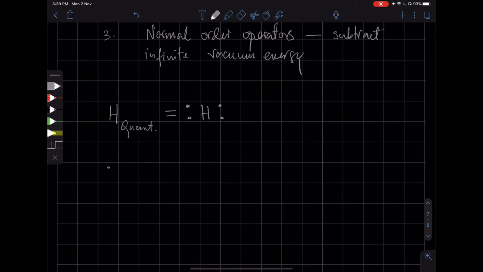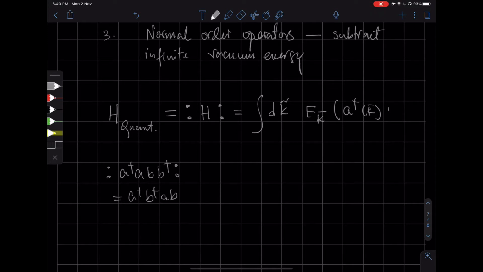Normal ordering means that if you have a bunch of creation and annihilation operators, then we push the annihilation operators to the right. So if you do this, then we found in a previous lecture that the normal ordered expression for the Hamiltonian is given by this.